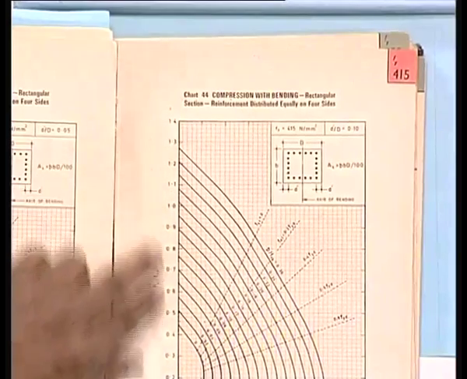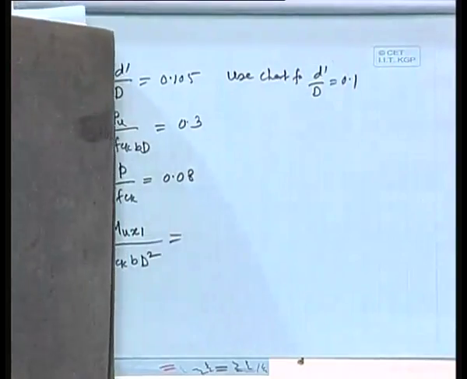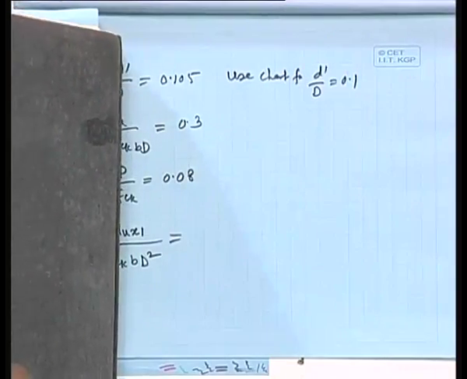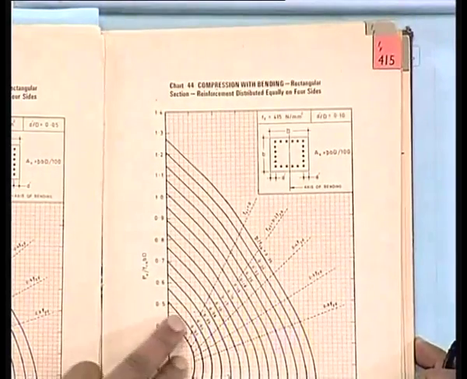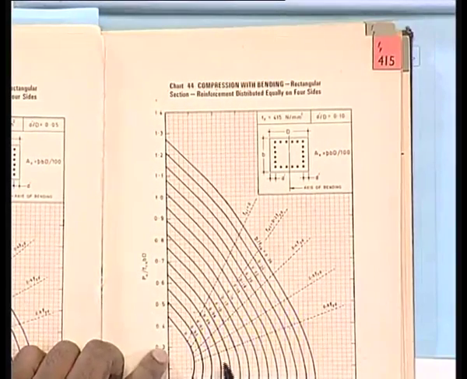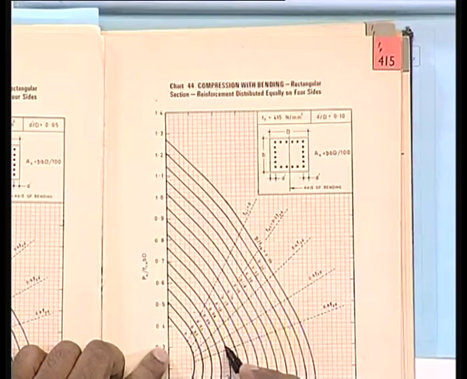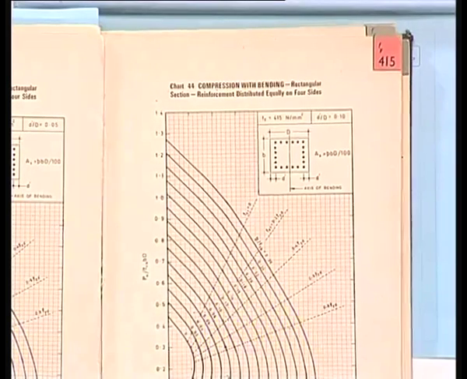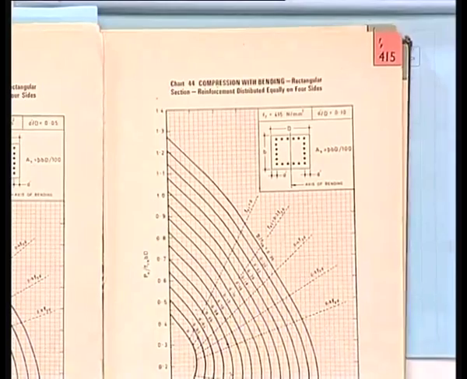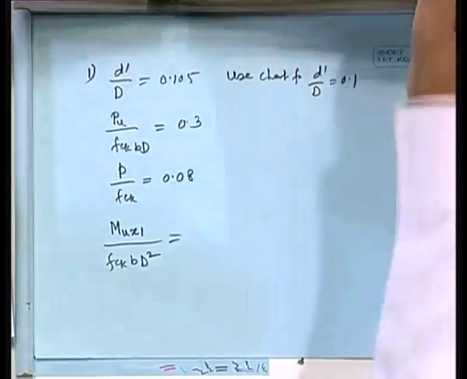This is your chart 44, and your Pu by fck bD 0.3 and 0.08, which is coming as, so 0.1, 0.11, 0.12. So it comes as 0.12 from the chart.